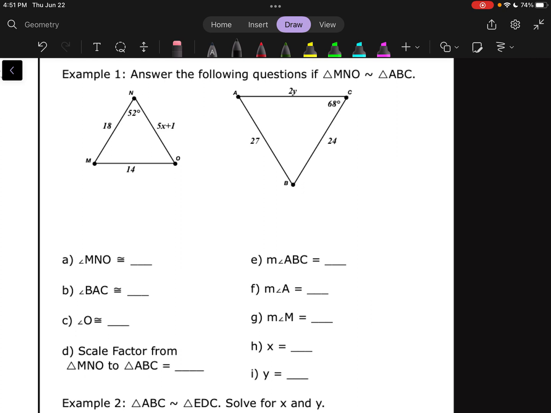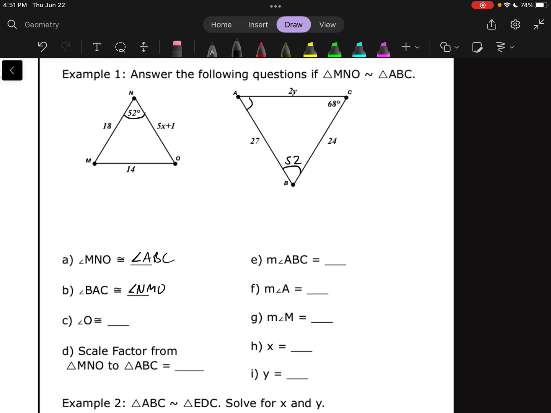All right, so checking some stuff out here. Angle M should be congruent to angle ABC. That's this one with this one, so that should be a 52. BAC, if we're checking the right letters there, should be angle NMO.